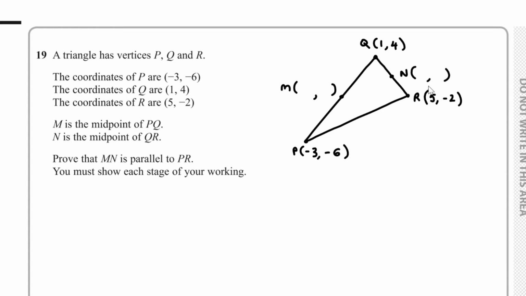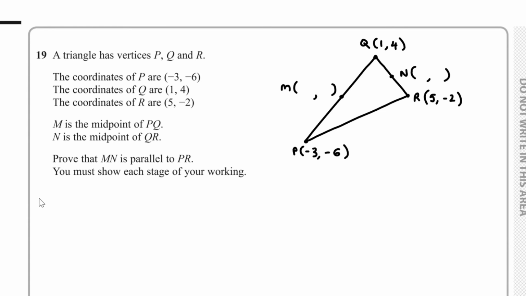So here we've got the diagram of the triangle PQR, and I've added on the coordinates of M and N, which are the midpoints of PQ and QR respectively. But we don't know these coordinates, but we can work them out because we're told that M is the midpoint of this line and N is the midpoint of this line.